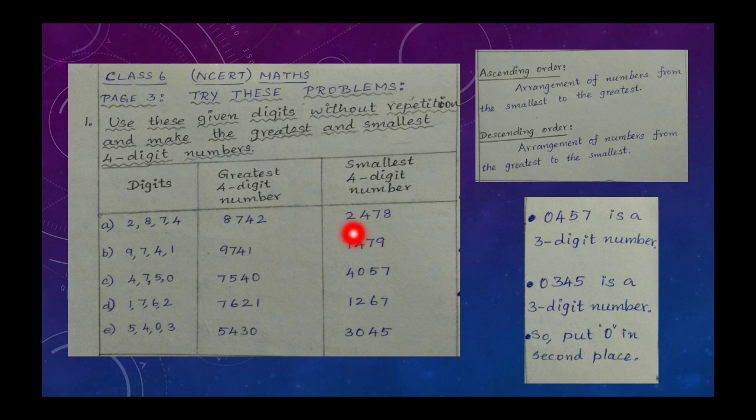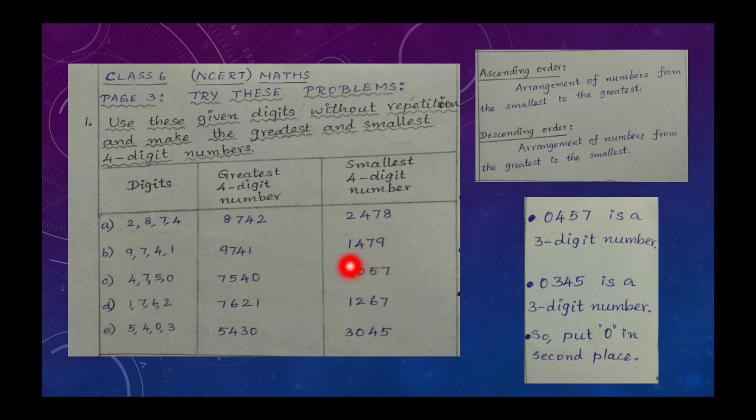To write smallest 4-digit number, we have to arrange all the numbers in ascending order, which means arrangement of numbers from the smallest to the greatest. What is the smallest digit? 2. Next smallest 4. Next smallest 7. Next smallest 8. So 2478 is the smallest 4-digit number.